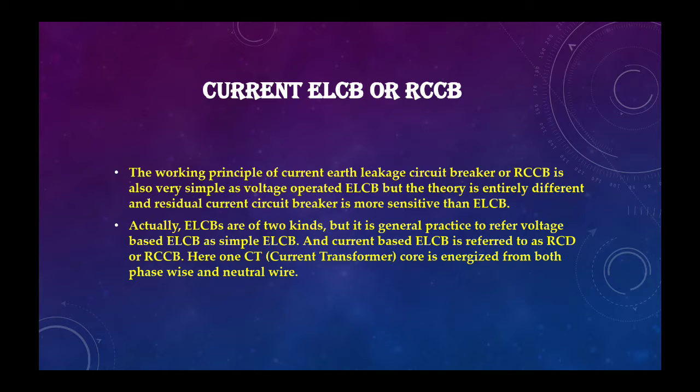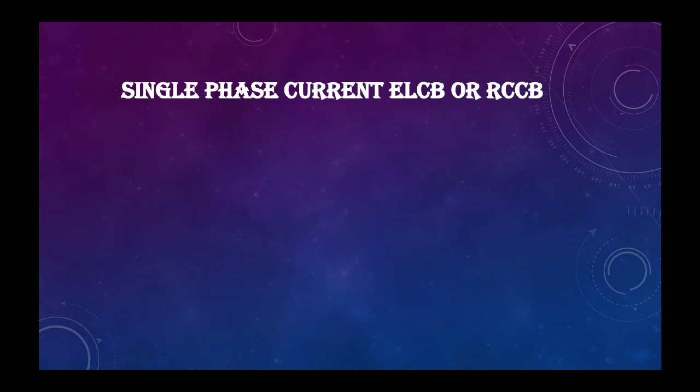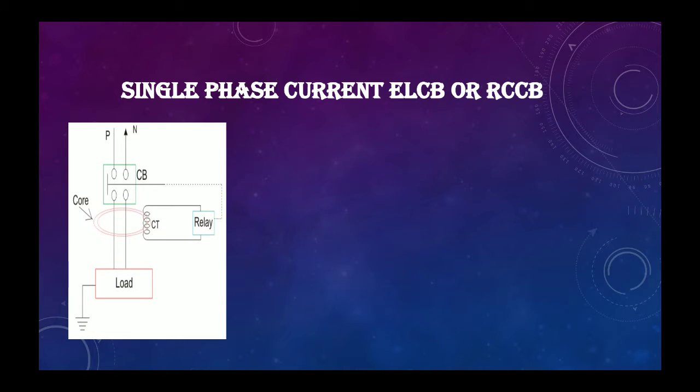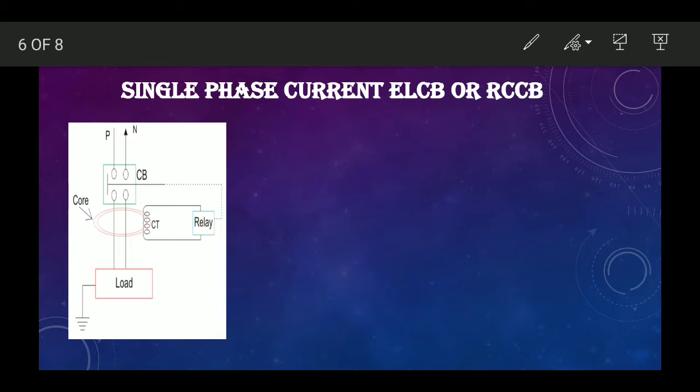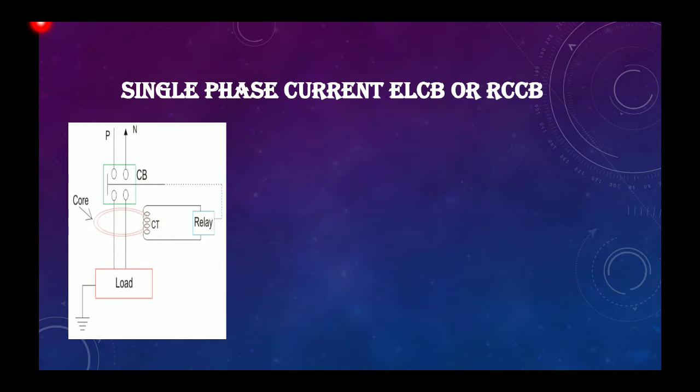Here, one CT, that is current transformer core, is energized from both phase wire and neutral wire. Now, the single phase current ELCB or RCCB. So here you can see the circuit diagram of single phase current ELCB.